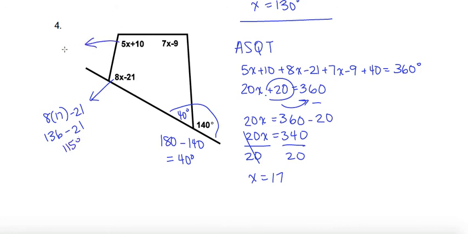Right here, 5 times 17 plus 10: 5 times 17 is 85, and 85 plus 10 is 95 degrees. And this one right here, 7 times 17, take away 9: 7 times 17 is 119, take away 9 is 110 degrees.